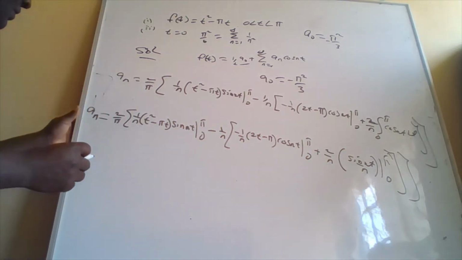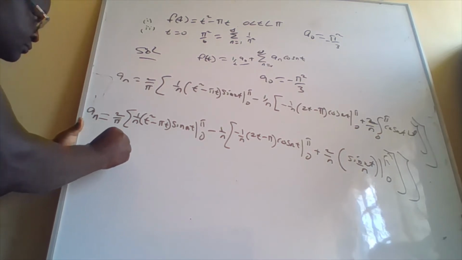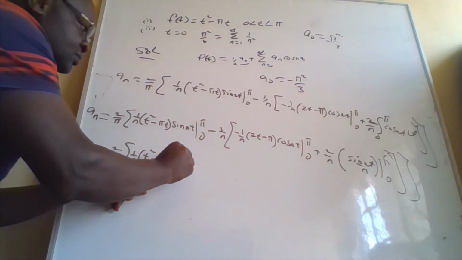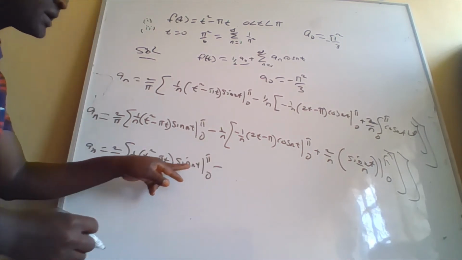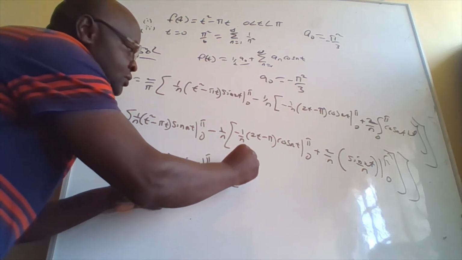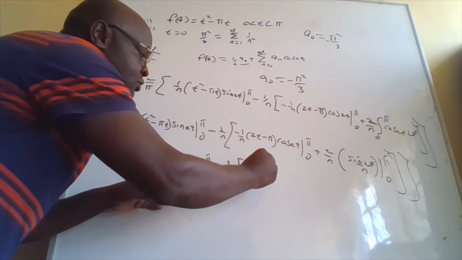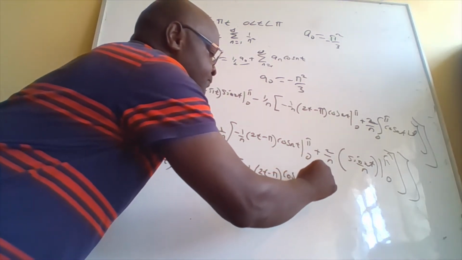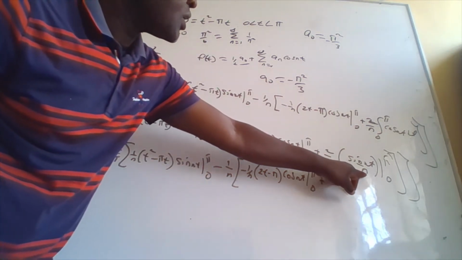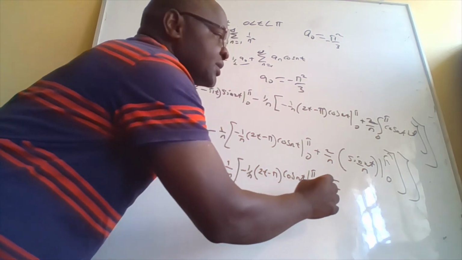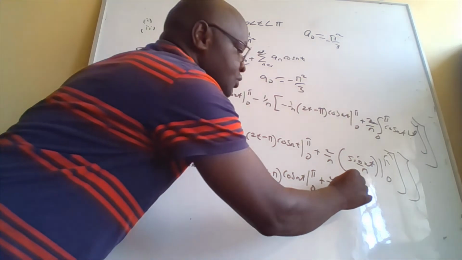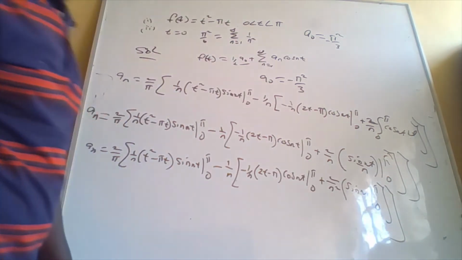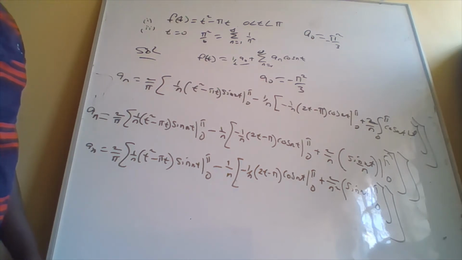So we can rearrange this one again. Sine, minus cos nt, plus, you can take out 1 over n so that we have 2 over n squared into sine nt.